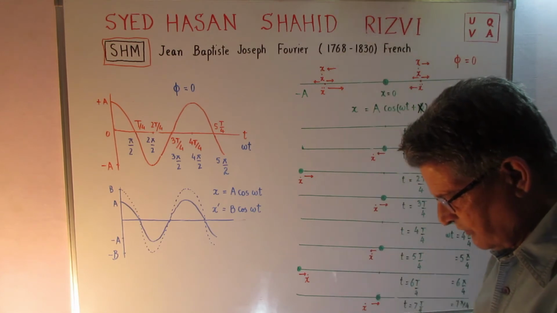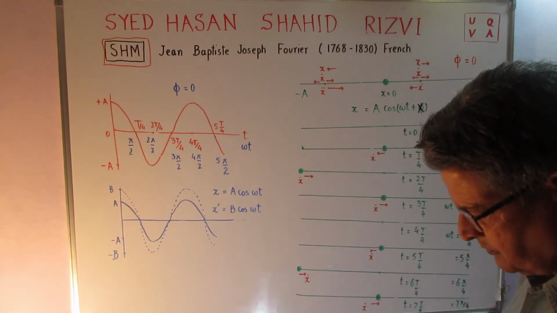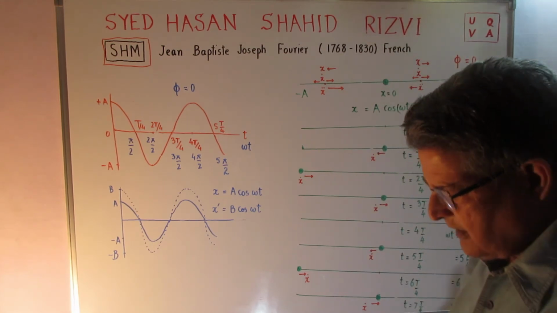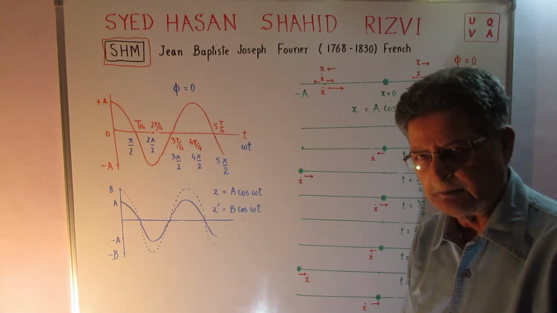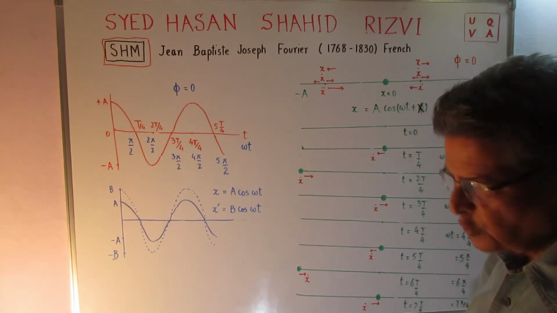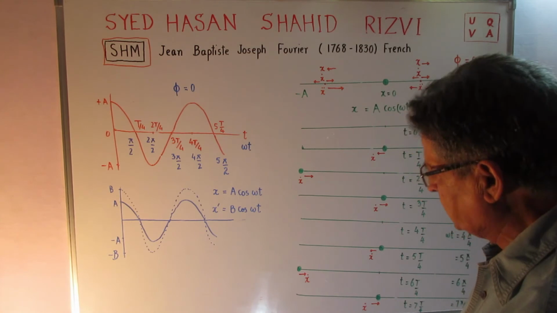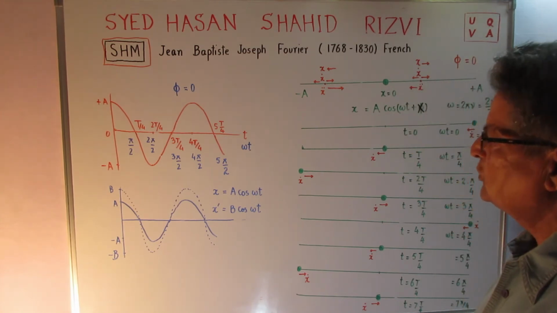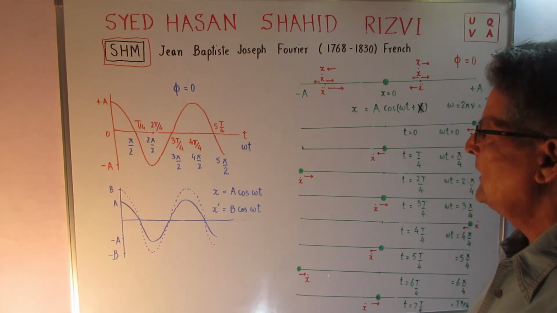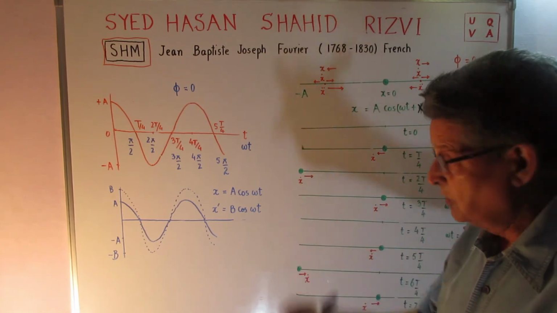The initial condition of motion is repeated after a time capital T, 2T, 3T, n into T, where n is an integer, as I have told you about.